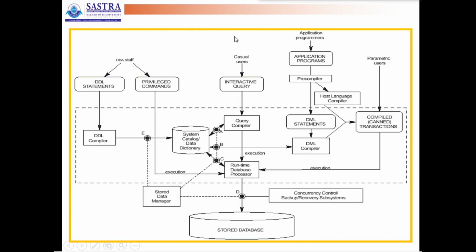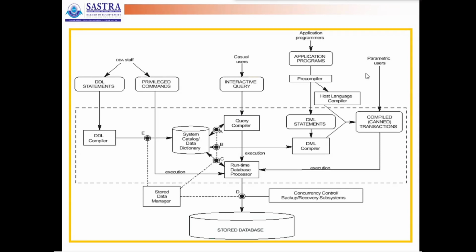Next, the casual user will be using the interactive query language. What is the difference between a parametric end user and a casual user? Parametric end users frequently interact with the database, repeatedly performing the same operation by invoking the same command.